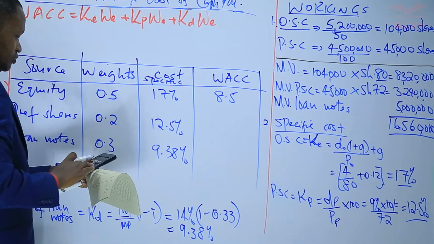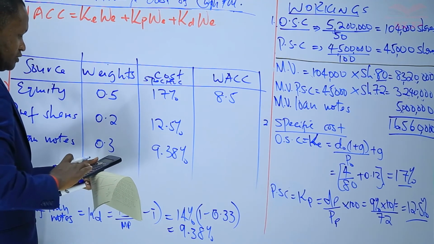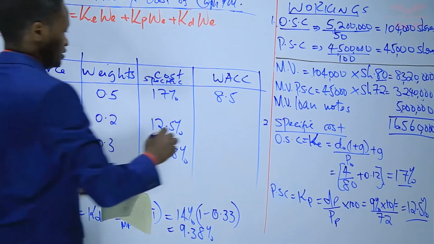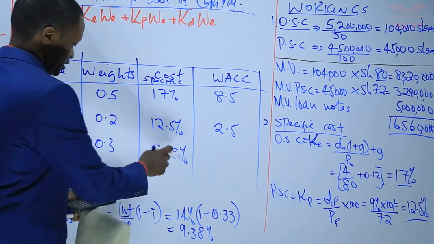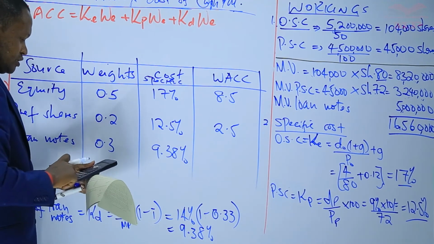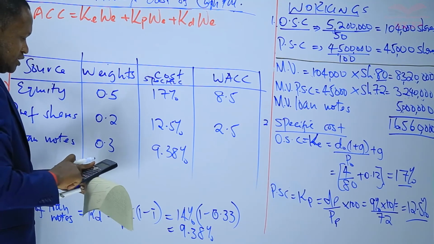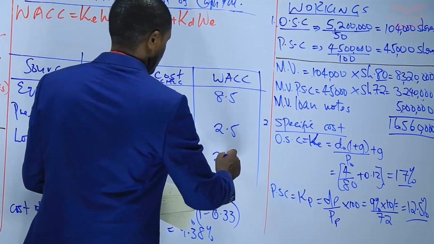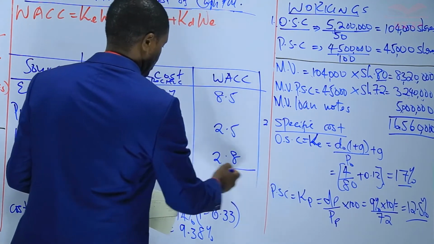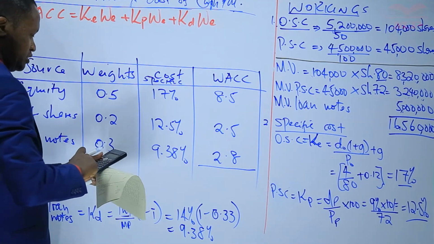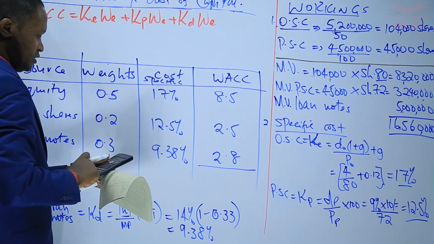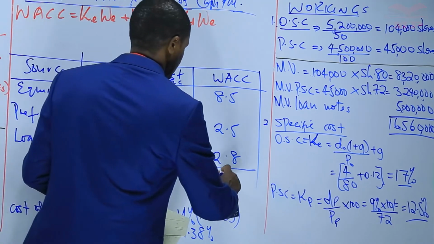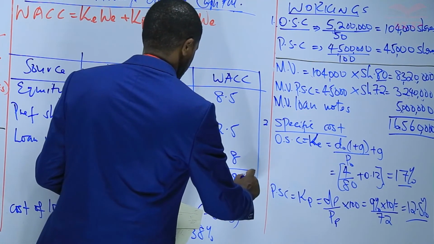Then 0.2 times 12.5 is 2.5. 0.3 times 9.38 is 2.8. The total is 8.5 plus 2.5 plus 2.8, 13.8%.